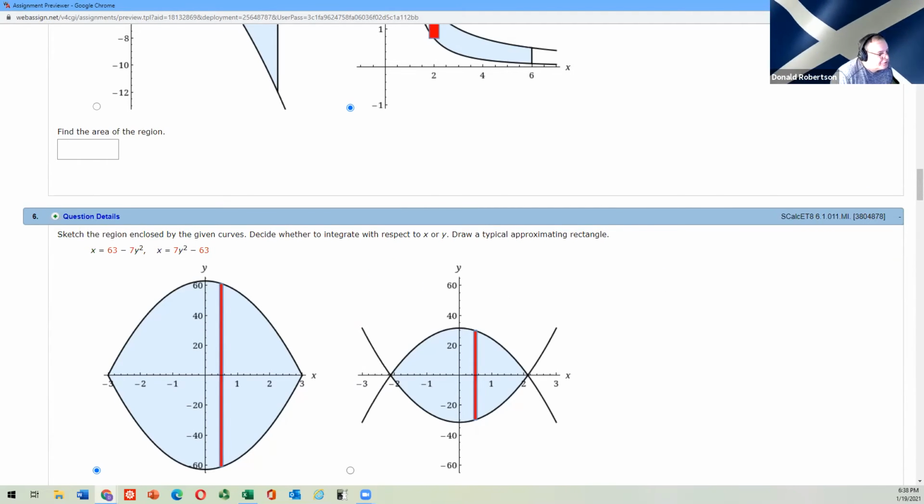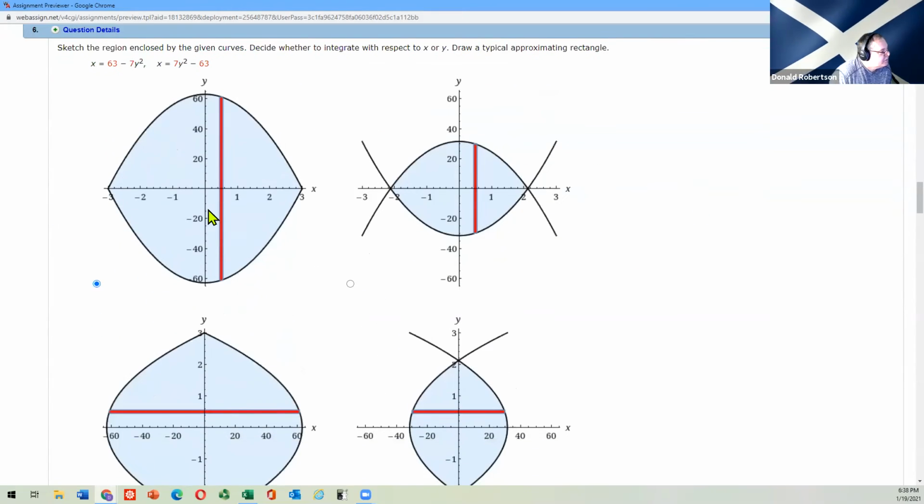Okay. Now there are 4 pictures here. One of these 4 is the right guy. You can certainly put it into Desmos, and that's what you might have to do if you're not very good at what I'm doing. But it's so much better if you can do it without that. Okay, so let's get rid of a couple of these pictures.